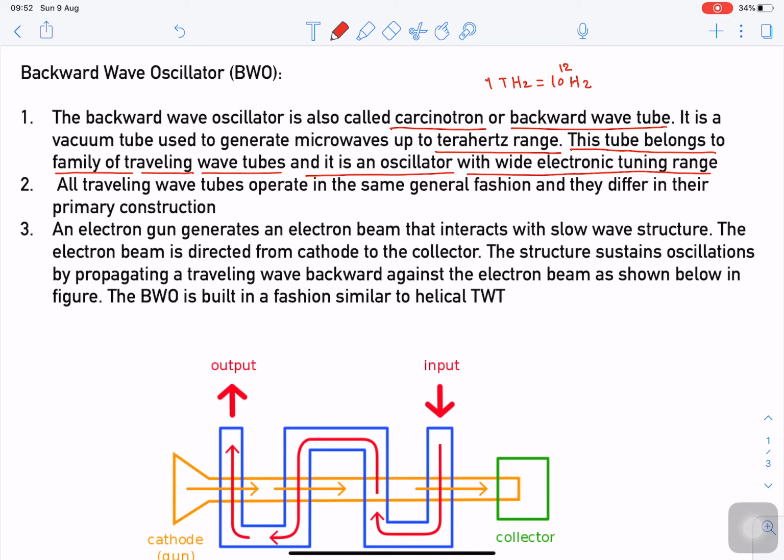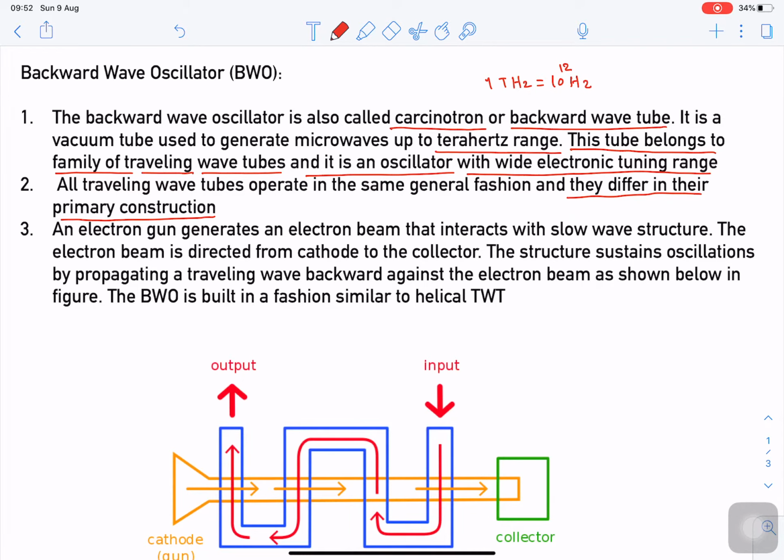The traveling wave tube amplifier, as we saw, operates in the same general fashion, and they only differ in their primary construction. So how is the traveling wave tube amplifier different from the backward wave oscillator? Still, both belong to the same family of traveling wave tube.